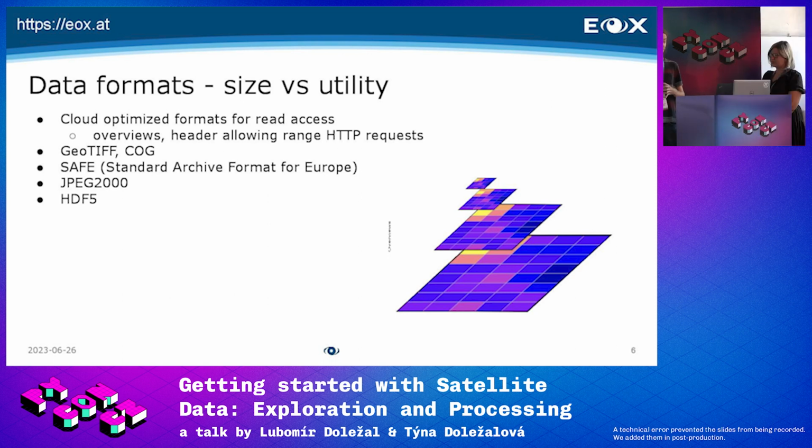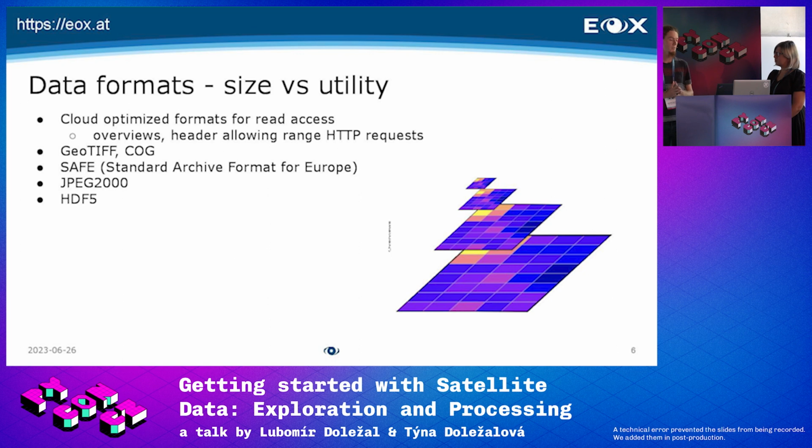Data formats. It is known that there are, and have been in the past, multiple data formats. And the reason for this is usually who is interested in the data. And you always need to take care about size, so storage size, versus the utility. The data providers are usually more worried about the storage size, so they need to worry about compression, while we as users are more keen to use them in a cloud-optimized way, so we want to read them efficiently.